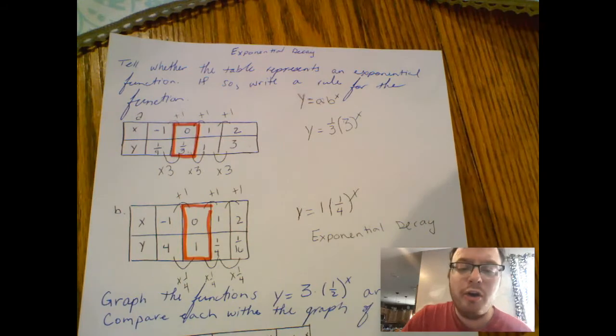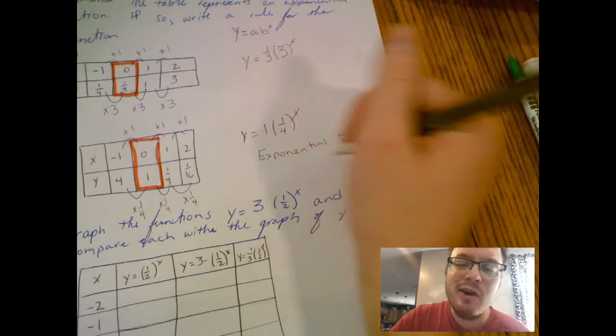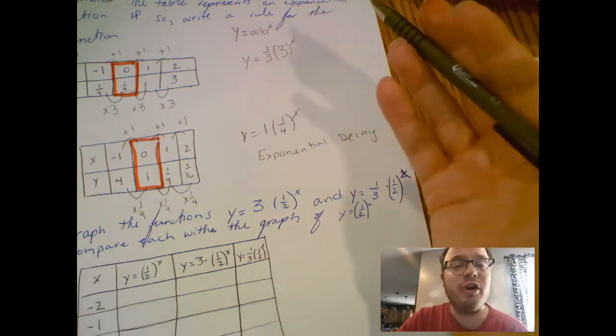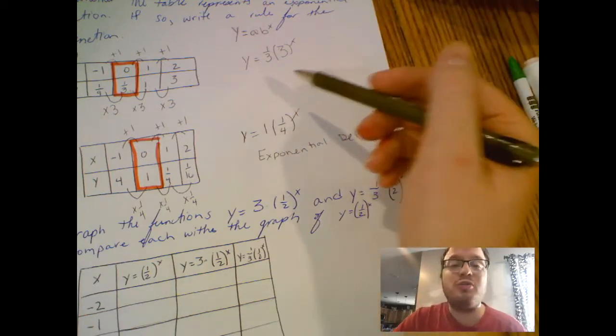Exponential growth occurs when my b value is greater than 1.